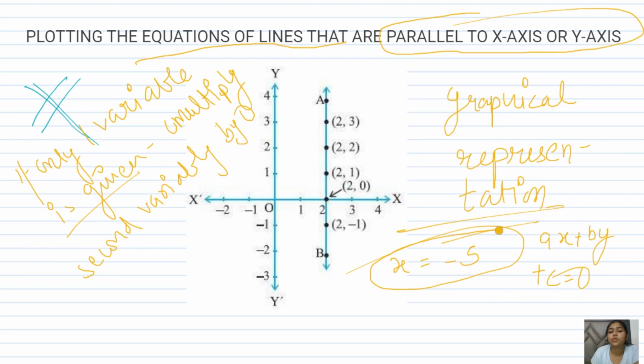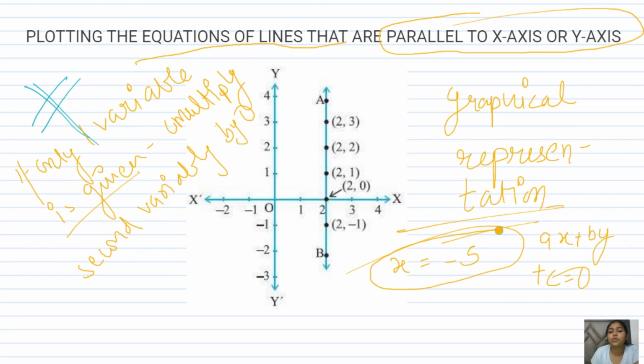Now that we have arranged this in the standard form, it is clear that if y equals 0, then x equals minus 5.